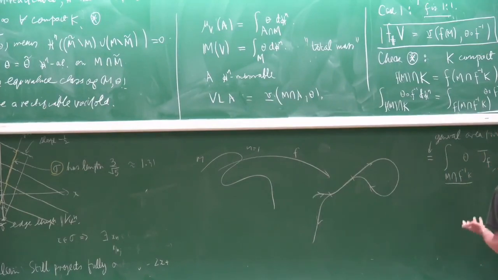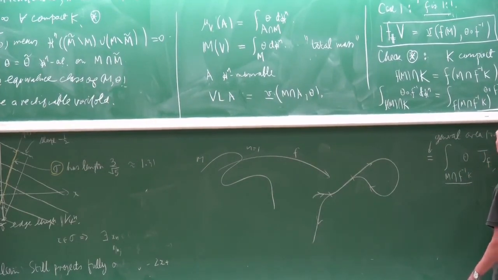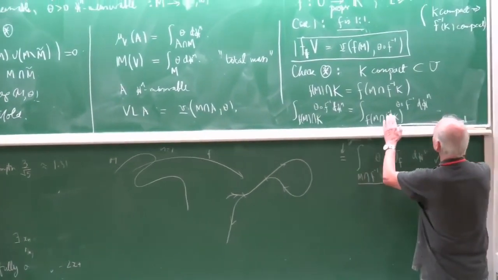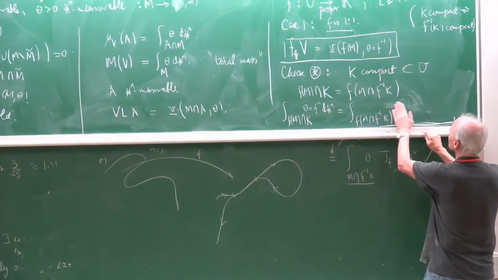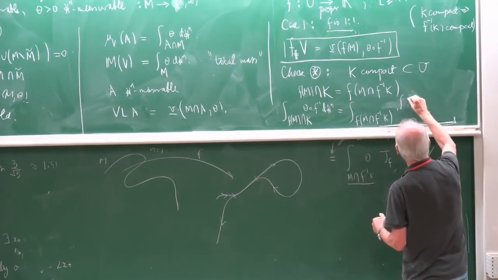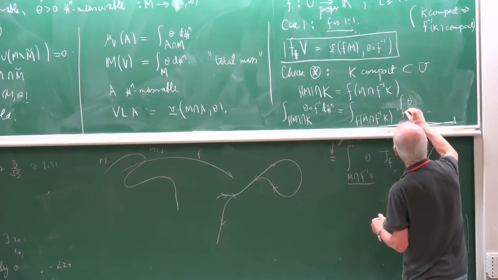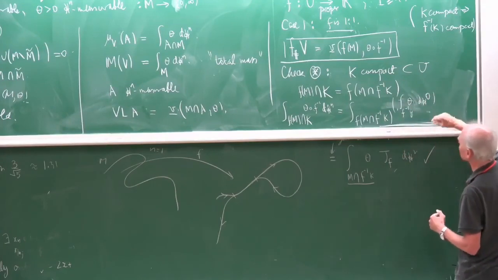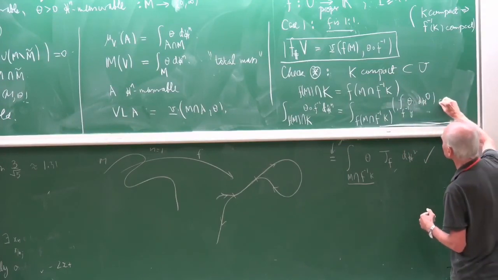Now that's what the area formula does. The general area formula, if f is not 1-to-1, remember what this looks like? It's the integral dH0 of it over f to the minus 1, dH0. It's a counting measure of the pre-image, dHn.